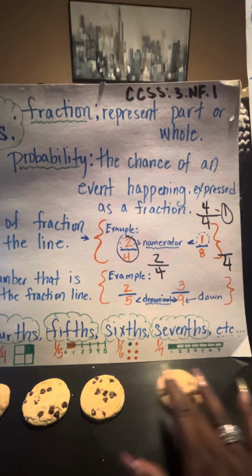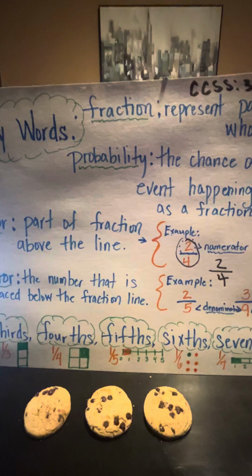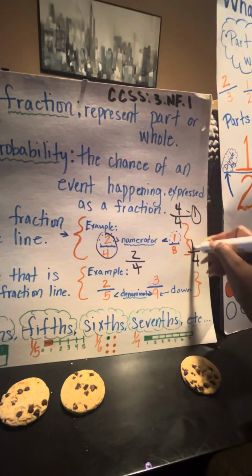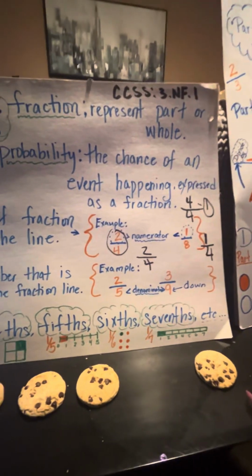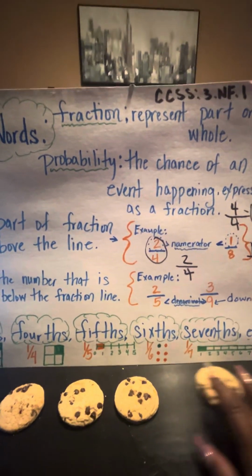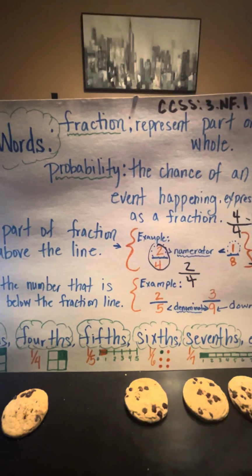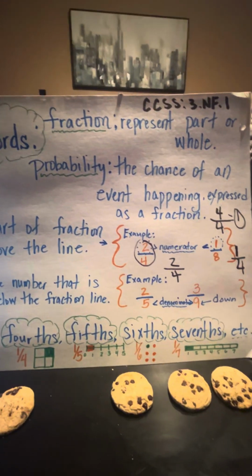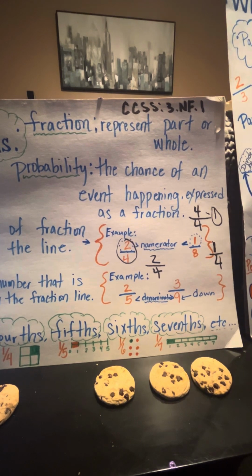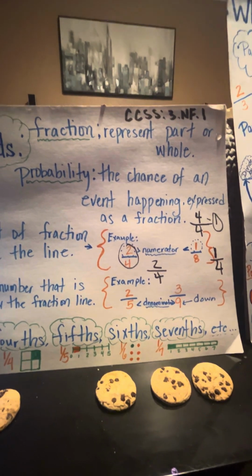So if I gave 1 cookie to someone and left 3 cookies, we still would be over 4, but we gave away 1/4 of those cookies. Now, if I gave away 1, 2, 3 cookies, what would our fraction be? Show of hands. I'm calling on you.